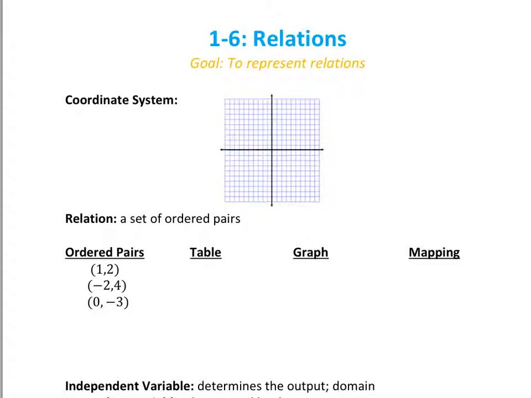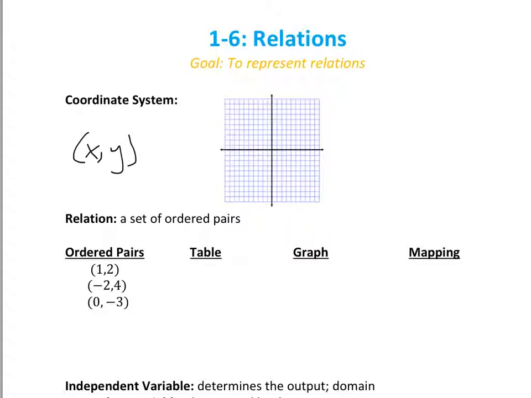In order to understand relations, we first have to understand the coordinate system. The coordinate system is the way that we graph relations two-dimensionally. It's made up of some things that you probably know. The coordinates are made up of x and y.